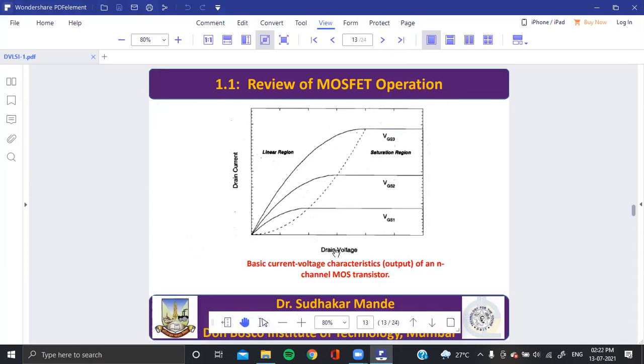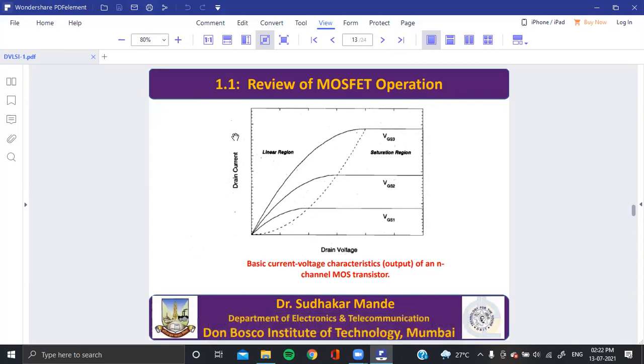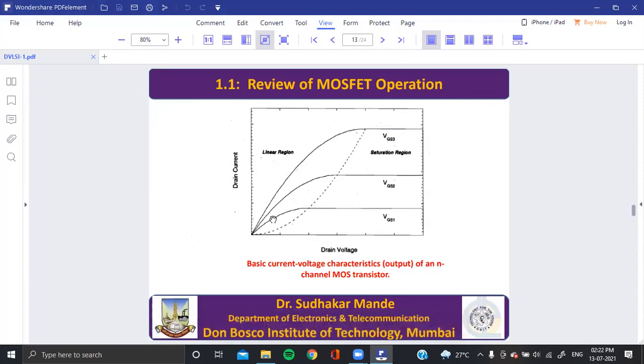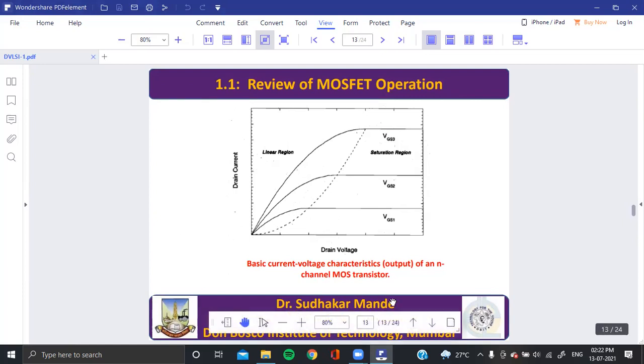Drain voltage is on the x-axis and drain current on the y-axis. When drain voltage is zero, drain current is also zero. When I increase the drain voltage, the current flowing through the drain increases linearly, but up to what point? Up to saturation. At this particular voltage, the MOSFET enters into saturation.